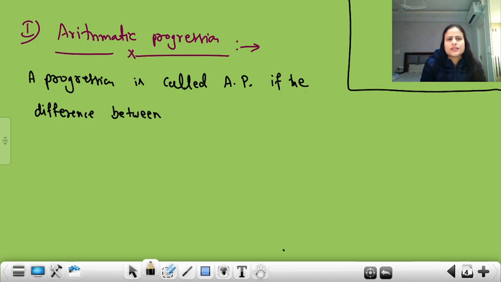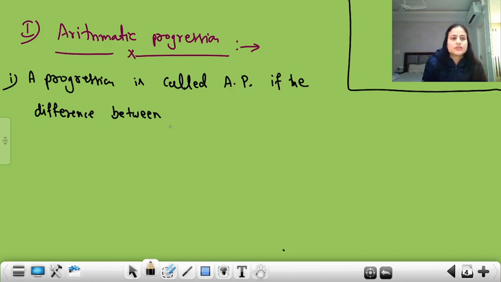Just a second, there are two definitions, so first I will give you the first one. So a progression is called arithmetic progression if the difference of a term and the previous term is always a constant.